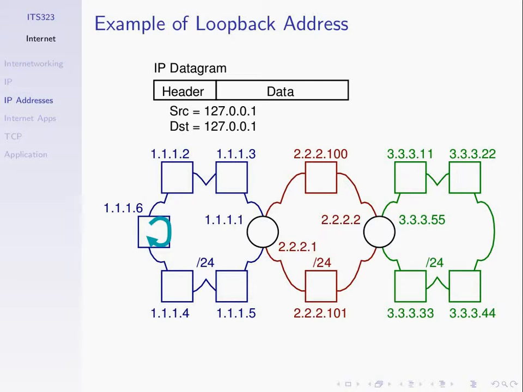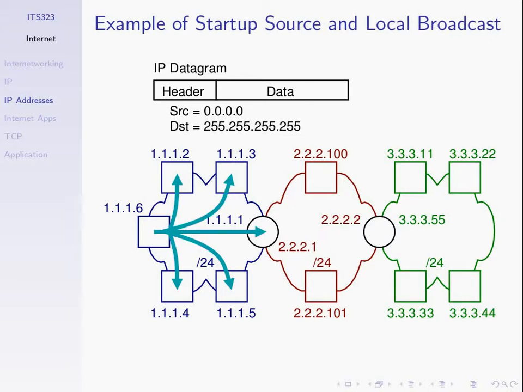So especially understand the network address and how it's created, and the directed broadcast address and how that's created. The other 3, loopback, you just remember 127 address, 127.0.0.1. And startup source and local broadcasts, again, remember them. You'll see them in some cases.